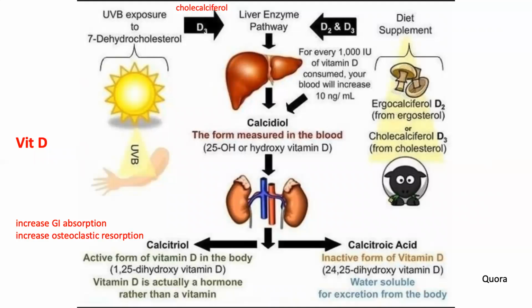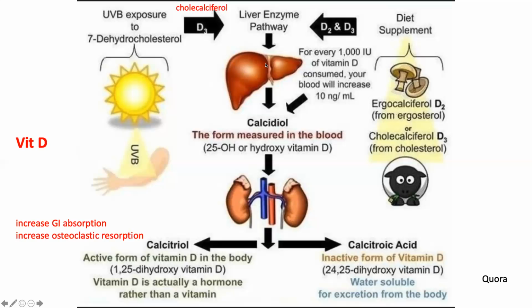So let's look at vitamin D. As we know, the body receives vitamin D from two sources: the skin and the diet. From the diet, we get vitamin D2 and D3, and from the sun, ultraviolet light exposed to the skin converts 7-dehydrocholesterol into the D3 form, which is cholecalciferol.